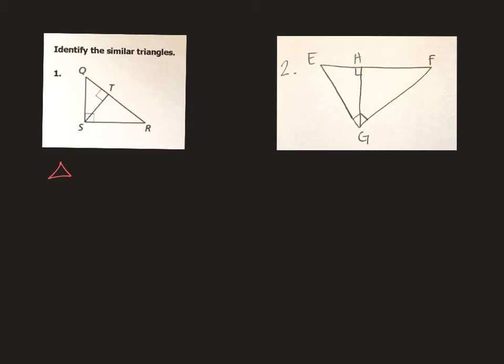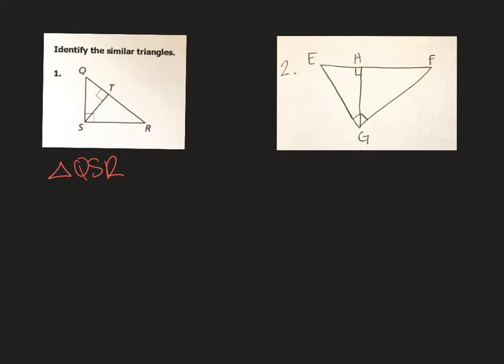I'm going to say that whole triangle is QSR. So I went shorter leg to longer leg, hypotenuse last, essentially. We want to make sure that we are doing that with the 2 smaller triangles.